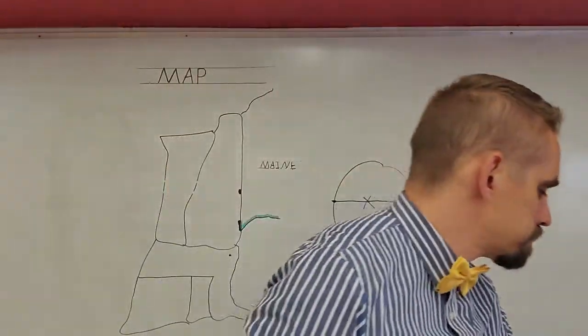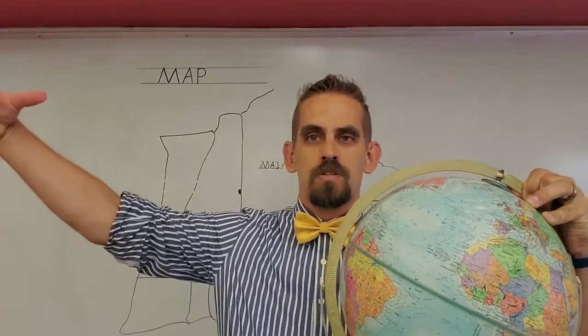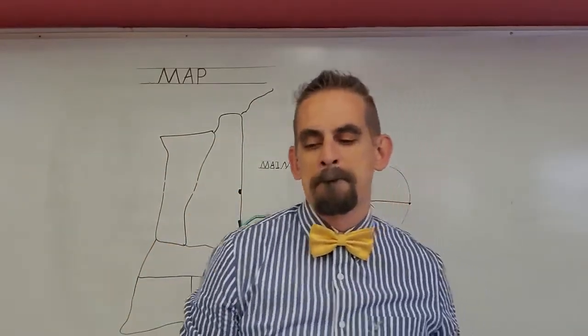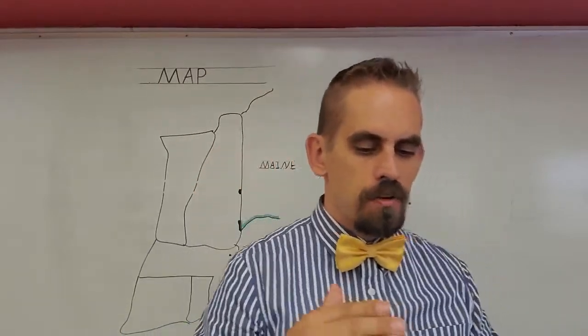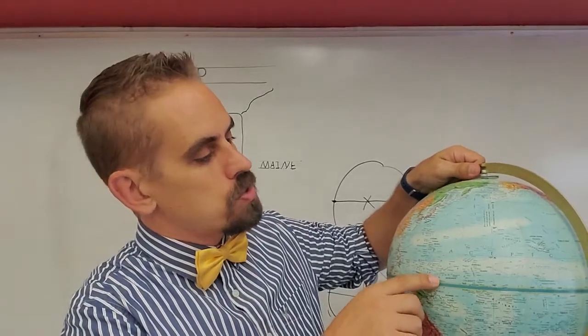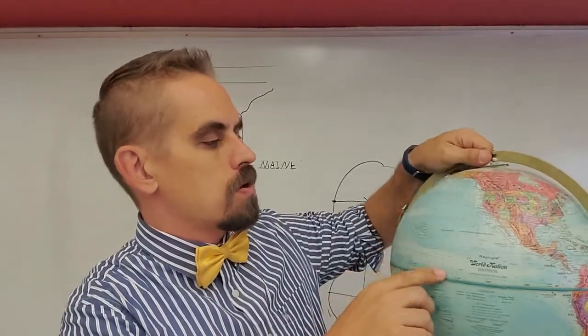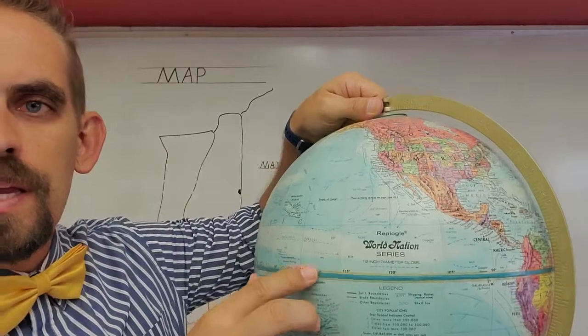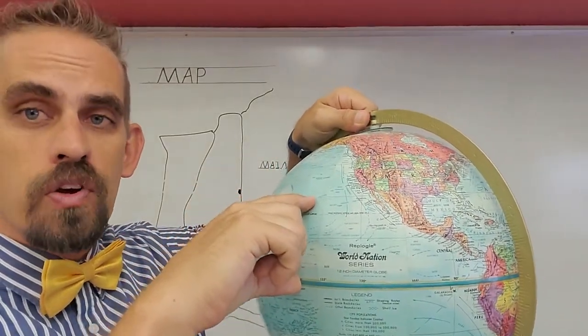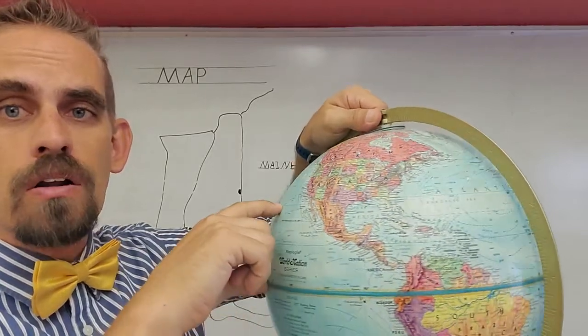So again, we got the Earth here, sun over here. This is going to receive vertical rays, while this is going to receive acute or angled rays. And the Tropic of Cancer, when you go from the equator to the Tropic of Cancer, right here, this zone or area receives vertical rays, which makes it much hotter.